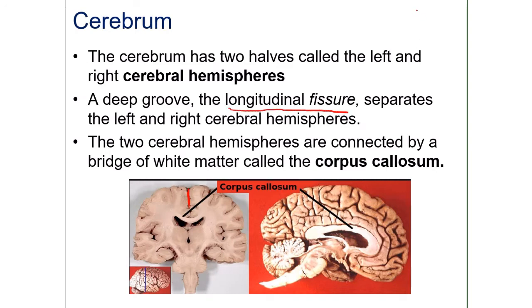If you look at the brain from the top, and I have a better diagram coming up later, you're going to see a long line that goes from the front to the back. That's basically the longitudinal fissure. So that divides it into the left and right cerebral hemispheres, and if you stick your hand into this longitudinal fissure, you are going to hit the corpus callosum.